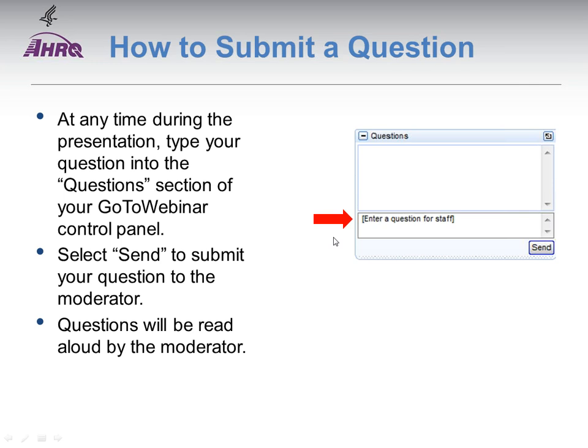So one component of electronic health records that our team has focused on is clinical decision support. Clinical decision support has been promoted as a tool to facilitate adherence to evidence-based practices and clinical guidelines, and to improve the overall quality of care.